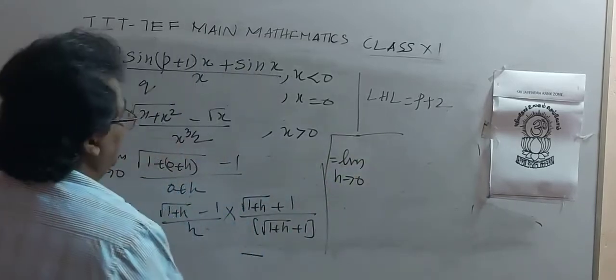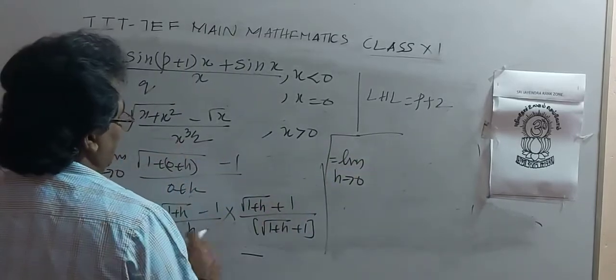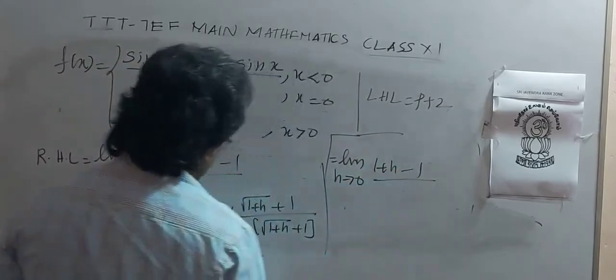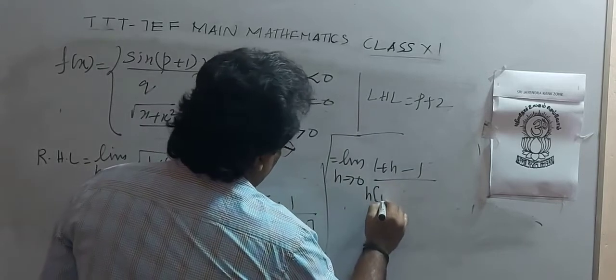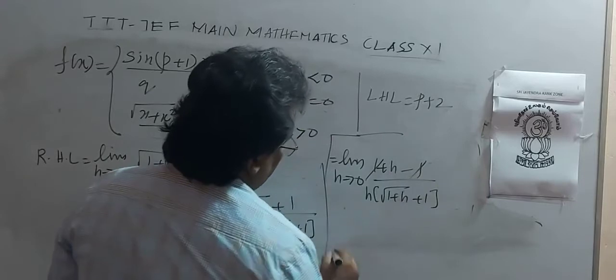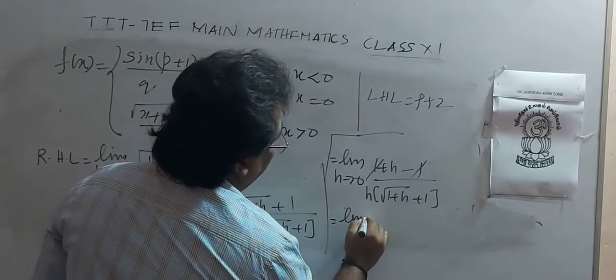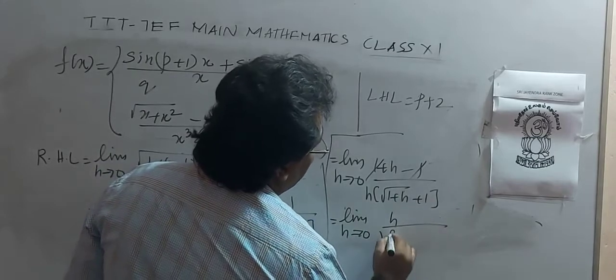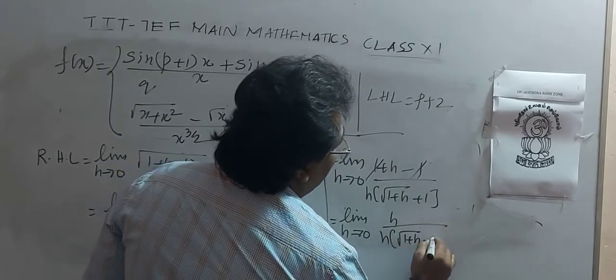Limit h tends to 0, a minus b into a plus b, a square minus b square, that is 1 plus h minus 1 divided by h into root 1 plus h plus 1. This will be cancelled. Limit h tends to 0, h by h into root 1 plus h plus 1.